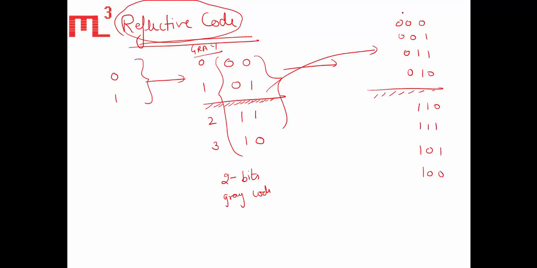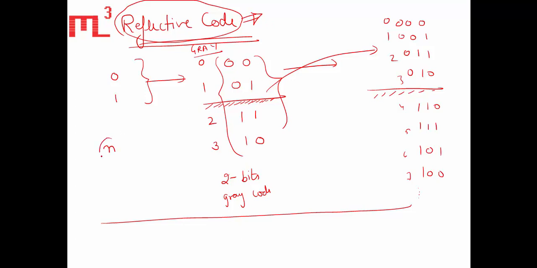So you will get the gray codes for 0 1 2 3 4 5 6 7 and so on. That's why gray codes are also called reflective codes, because using n-bit gray code, you can use the concept of reflection and generate n plus 1 bits gray code.